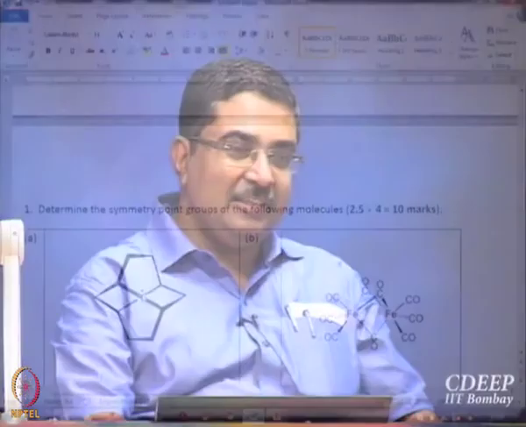What is the position of the perpendicular C2s? That's what I am asking. The vertical C2 is quite obvious. In between? Through which plane? Perpendicular to the plane of the slide means you are saying joining these two, right?